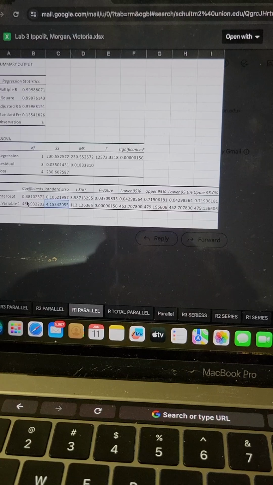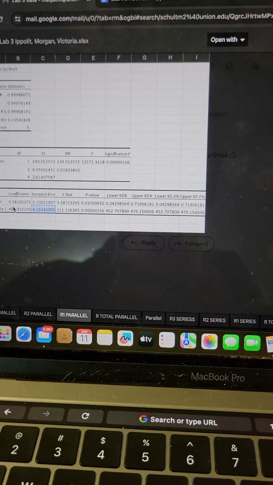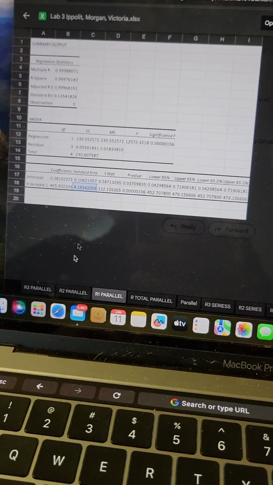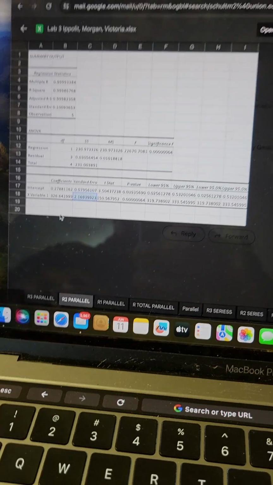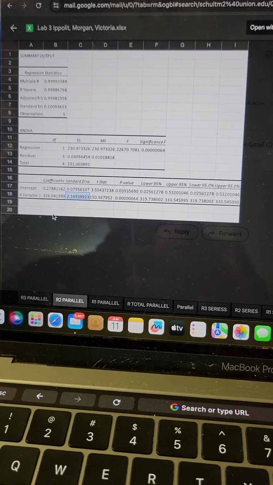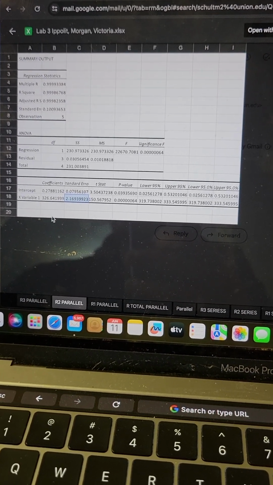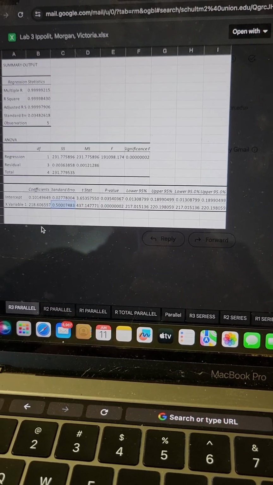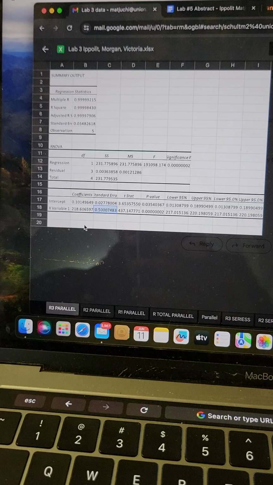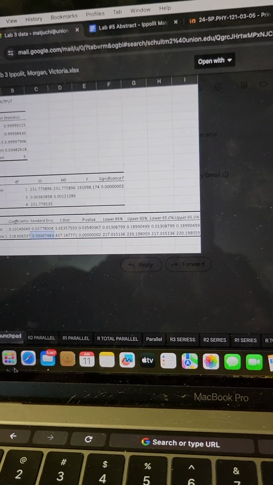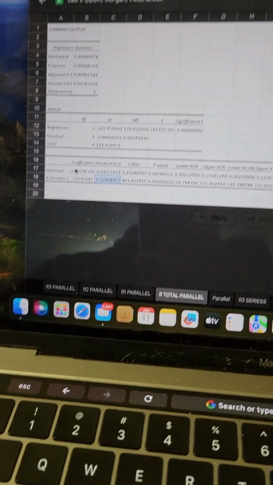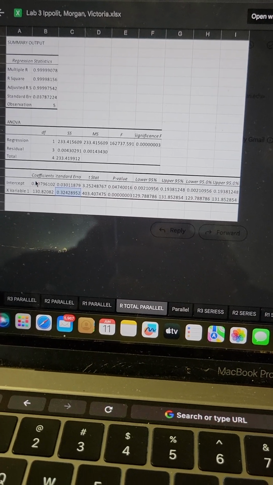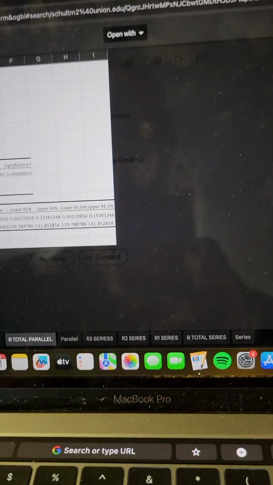R1 being 466 plus or minus 5 ohms, so a bit more of a range there. 327 plus or minus 3 ohms for R2, and R3 being 219 plus or minus 1 ohm, and then in total being 131 plus or minus 1 ohm.